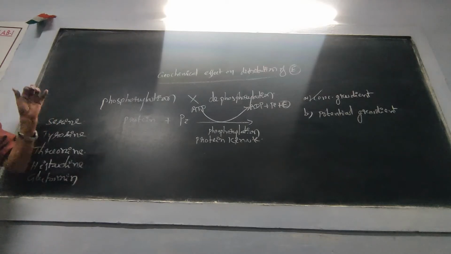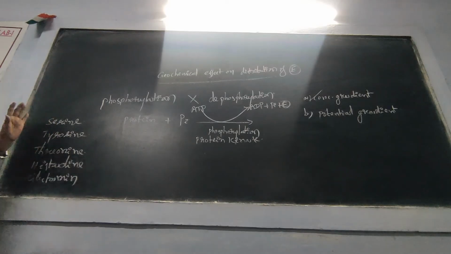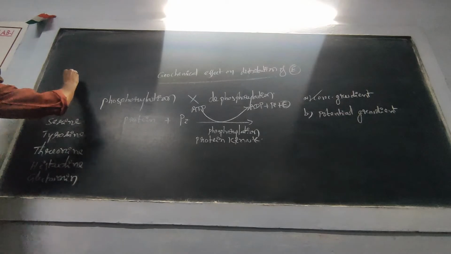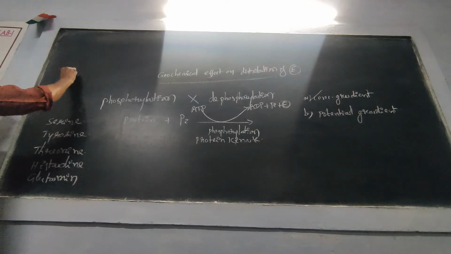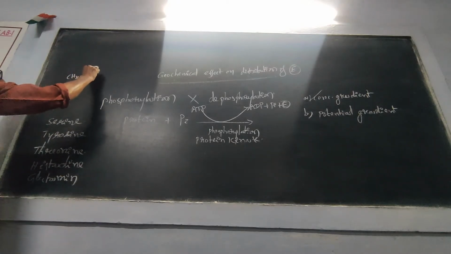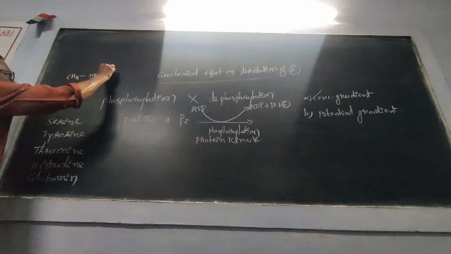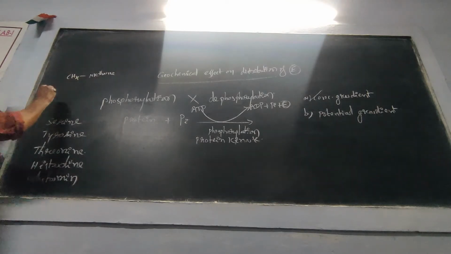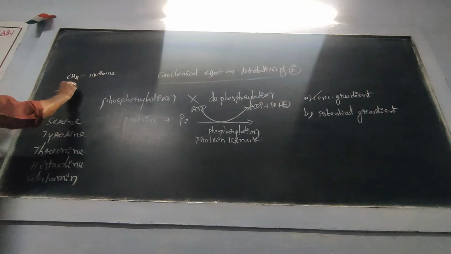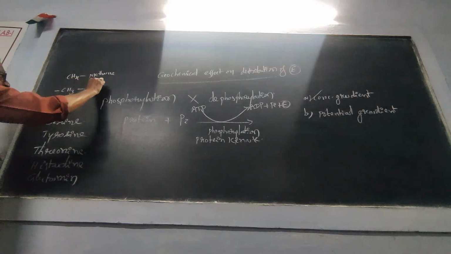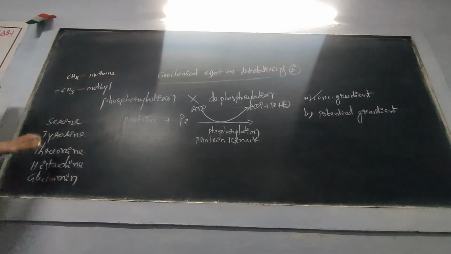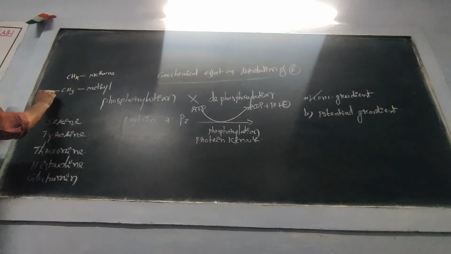But one thing we must know is the amino acids' general formula. Let me clarify first. CH4 is called methane. Suppose we remove one hydrogen, it will give CH3. Its name is methyl. Suppose another hydrogen is also removed, then we have CH2.